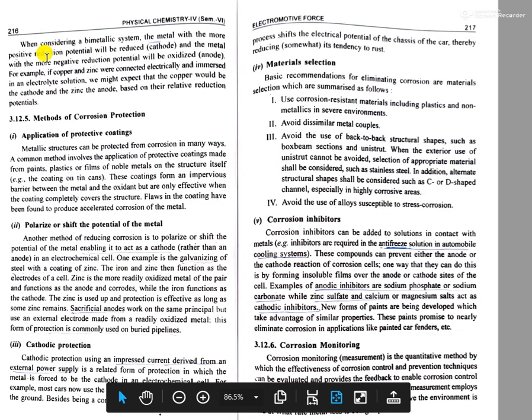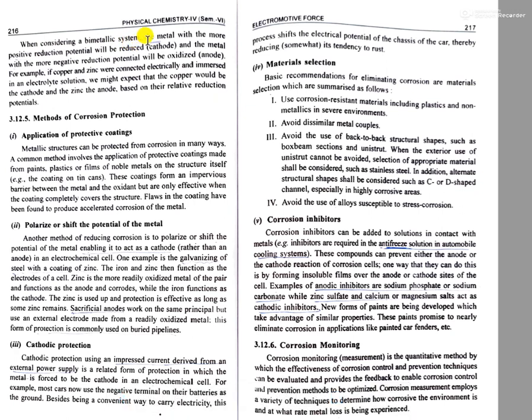So when considering a bimetallic system, that is, a system having two types of metals, the metal with the more positive reduction potential will be reduced, that is, it will act as a cathode, whereas the metal with the more negative reduction potential will be oxidized, and therefore it will act as the anode.